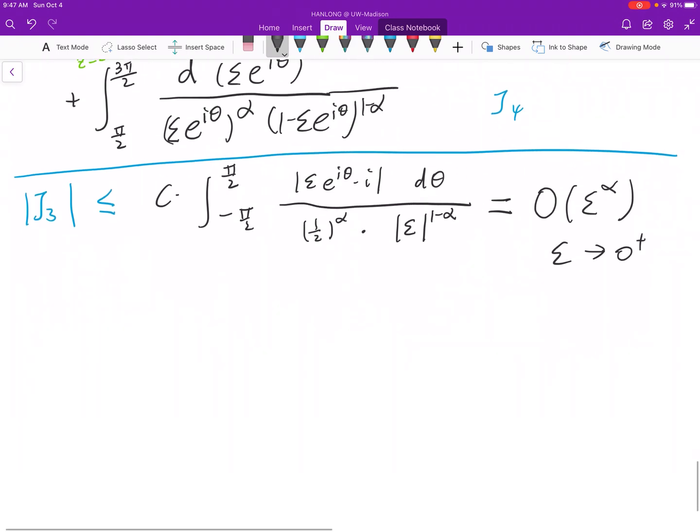Okay, and J4 similarly is bounded by, so I will be sloppy, this is capital O of epsilon to 1 minus alpha.